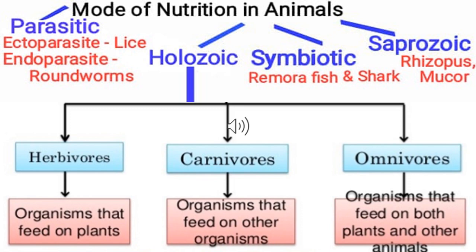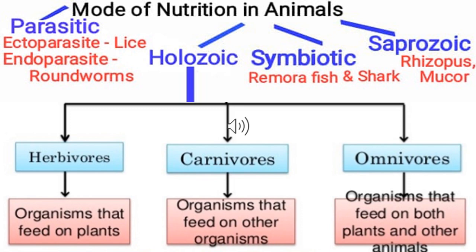Holozoic mode of nutrition. Holozoic animals are those which are directly depending on food from other animals or other plants. Holozoic mode of nutrition is of following types: herbivores, carnivores, omnivores.